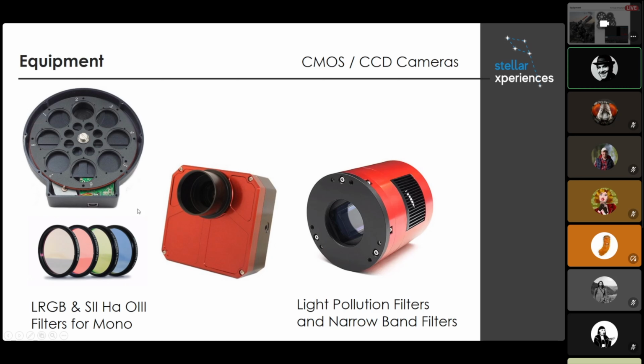And you can use filter wheels like this, and you mount the filters here. And these are electronic devices that can change the filter by using some software that we will talk about more next week.